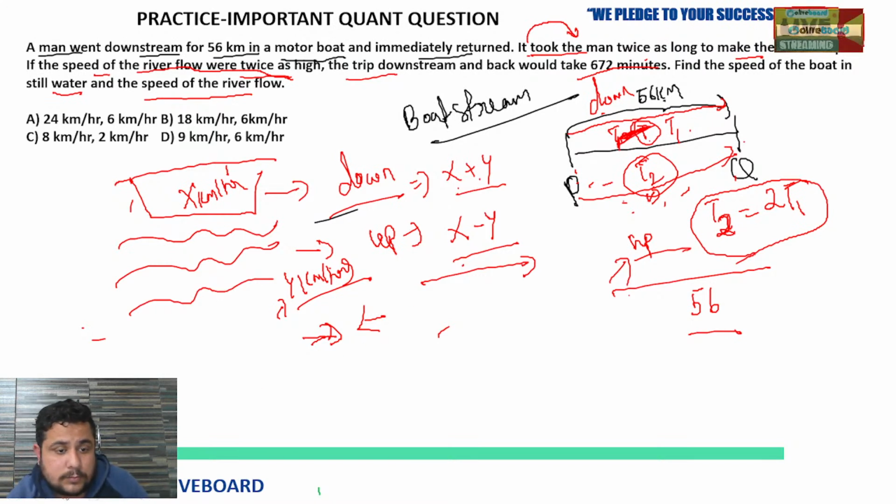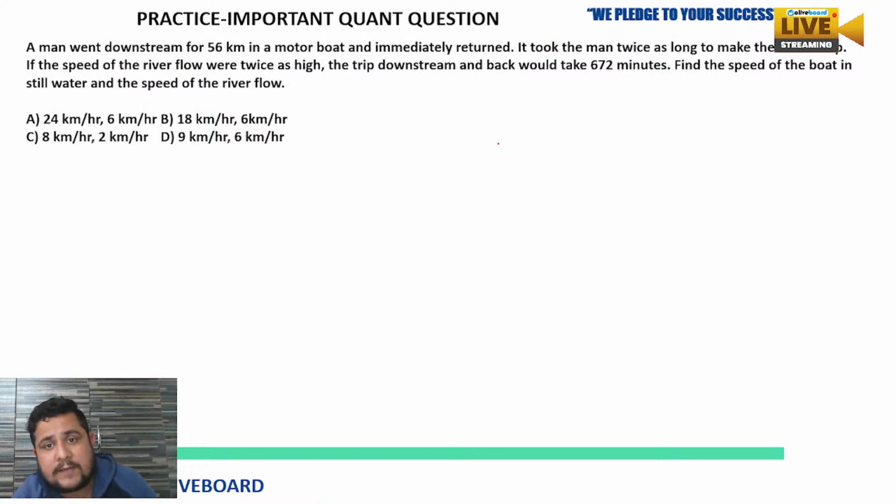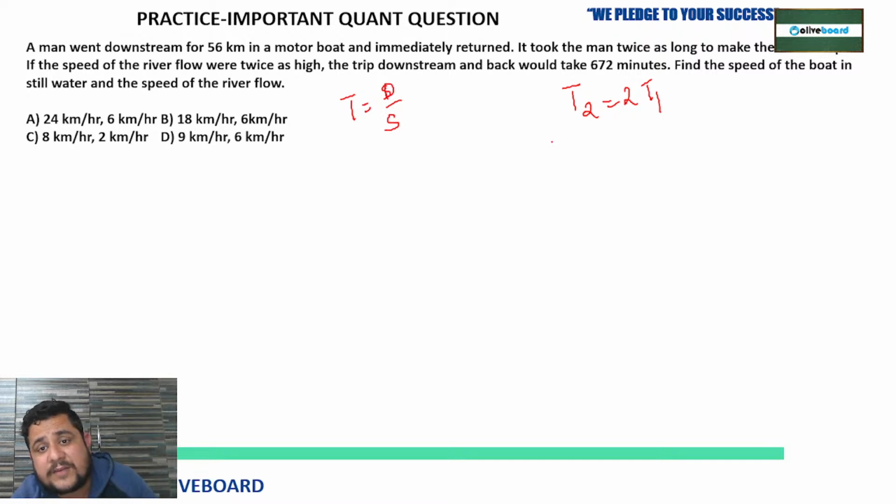Now I will put the relation I have explained. As we know that T2 is equal to 2T1, and time is equal to distance upon speed, the distance is 56, the same.